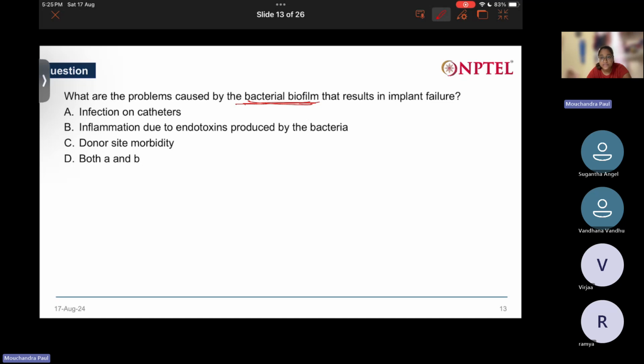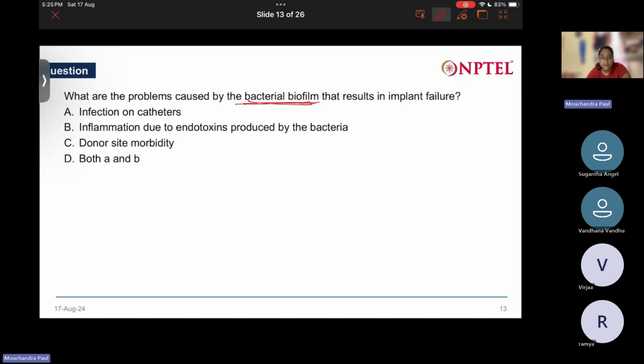These endotoxins are seen as foreign agents, so immune cells like macrophages and monocytes cause an inflammatory response at the site of biofilm formation, because of which that site becomes vulnerable, and ultimately it will not allow the implant to function well. It will also result in discomfort to the host. So that is definitely a problem associated with bacterial biofilm formation.